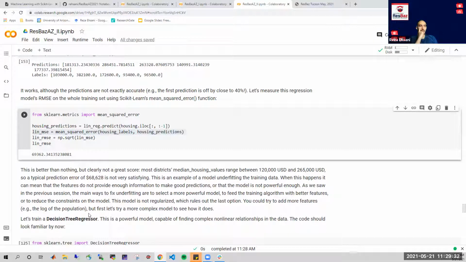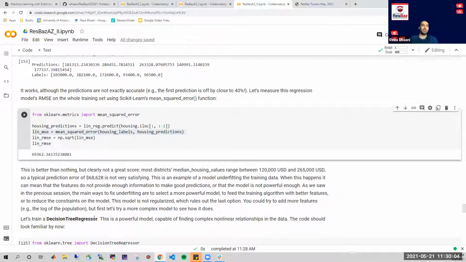And as we saw in the previous session, we can also do feature engineering, that is, combine our features or do a series of calculations to have better features, to reduce the constraints on the model, to decrease the regularization, and things like that. Our model here is not regularized, which means that linear regression is definitely not a good option for predicting the housing values in California.